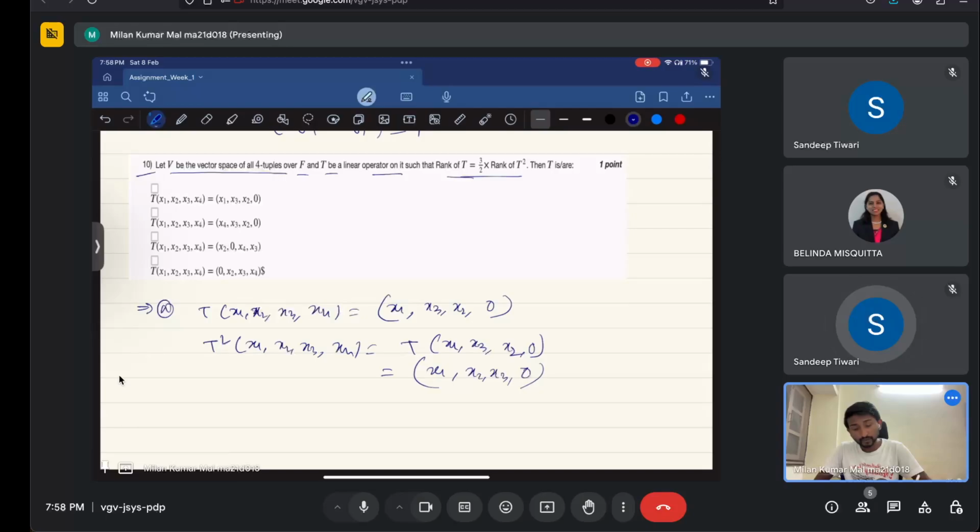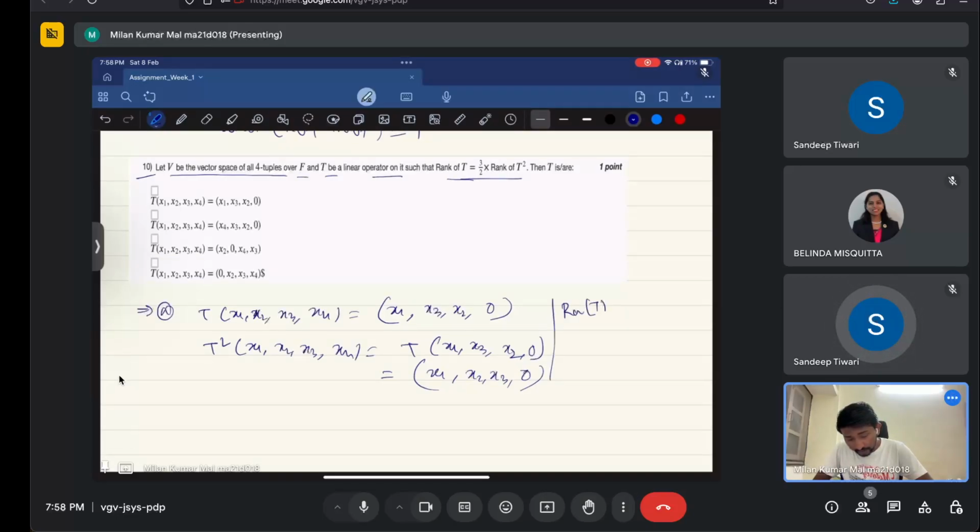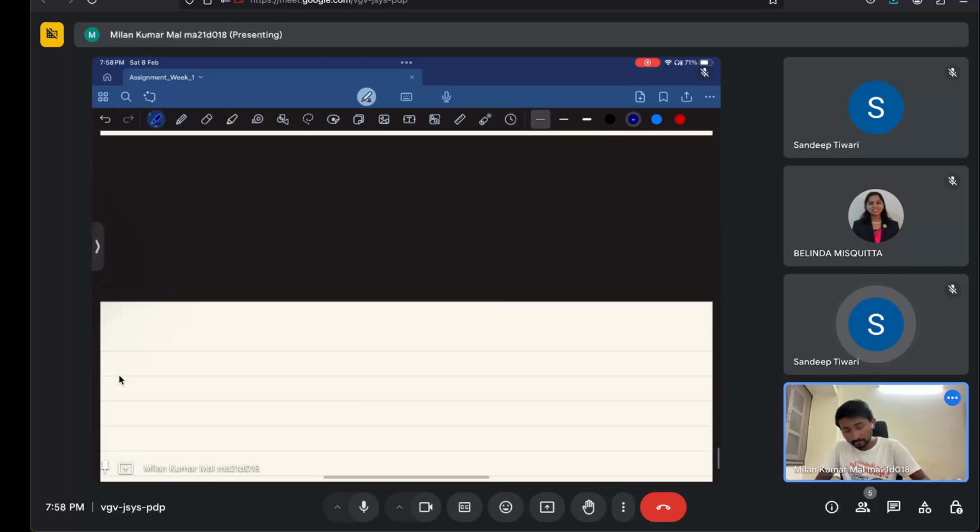So this is the thing, right? Now in the first case, rank of T is equal to 3 and rank of T square is equal to 3. So is 3 equal to 3 times 3 by 2? That is not true. So that's why option A is false.